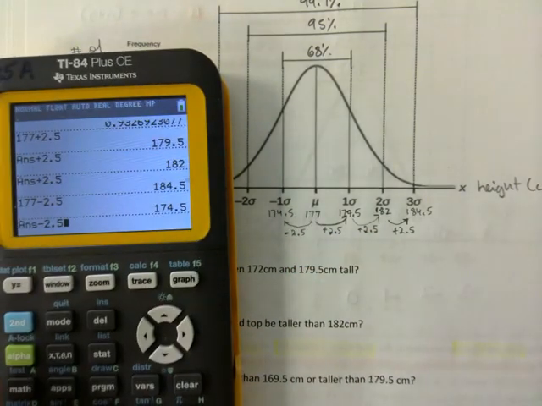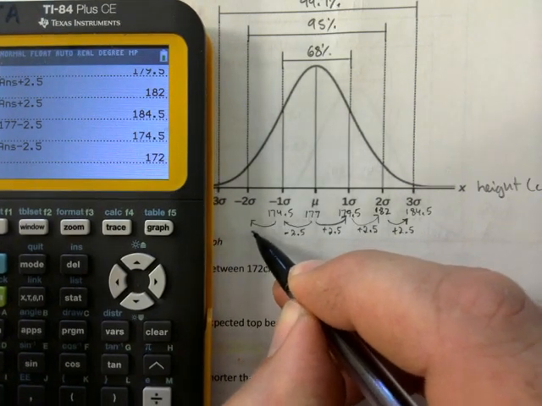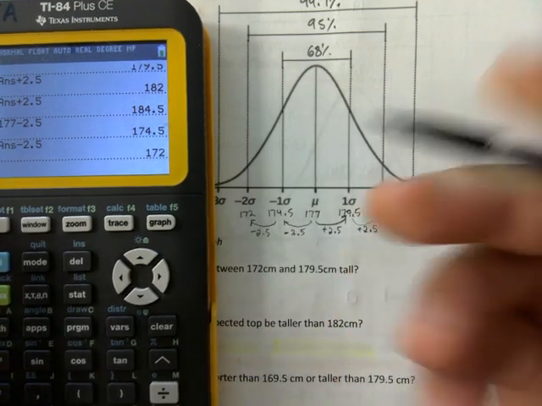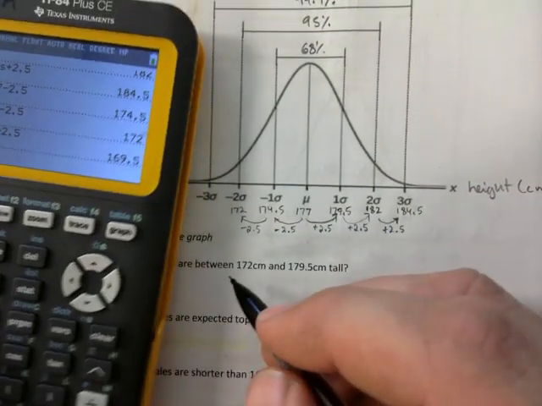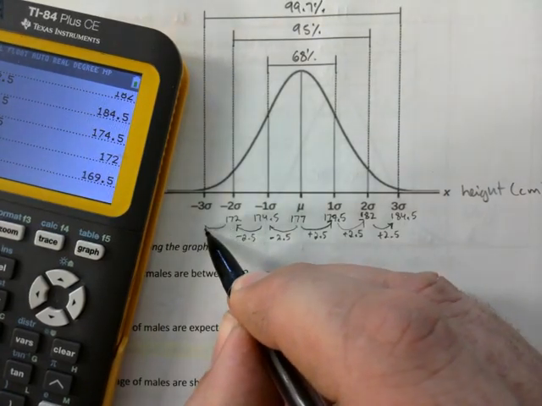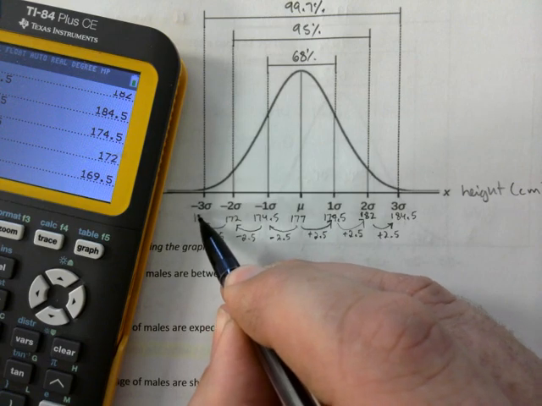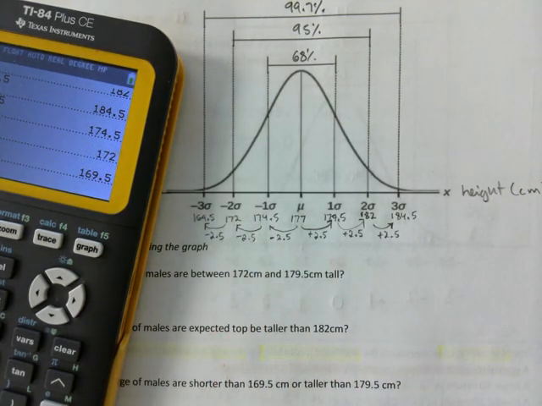Minus 2.5 is 172. Take away 2.5 one more time: 169.5. Again, you don't need to show me these arrows down the road. You're going to be really quick at it. You're just going to go add, and so forth.